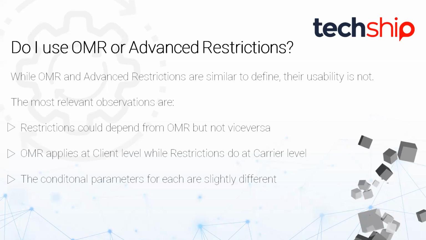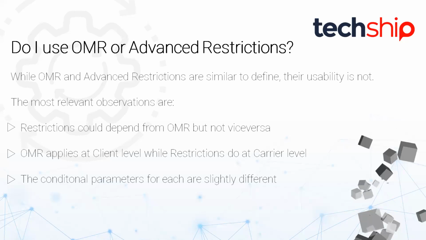First of all, the advanced restrictions could depend on OMR information, but not vice versa. Why? Because typically, you define information within OMR that affects the restrictions. There is information that you tweak through an OMR rule when you import the order, even when you process, then restrictions. Because from an execution standpoint, OMR rules will always execute before restrictions.